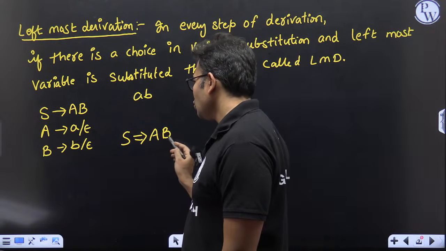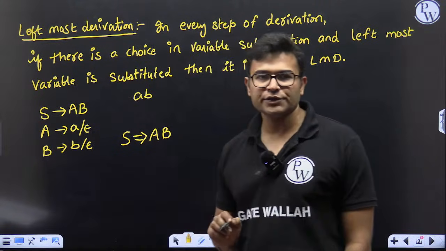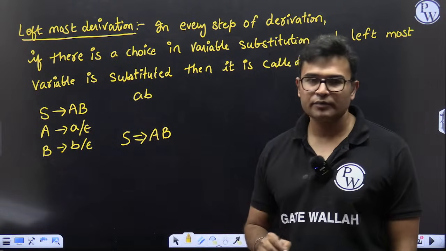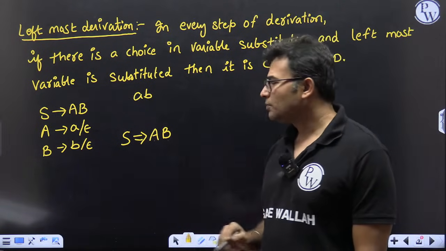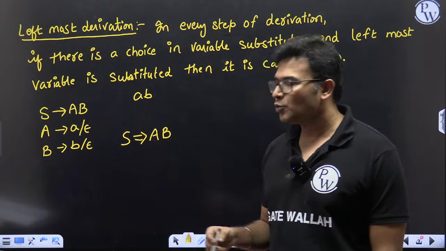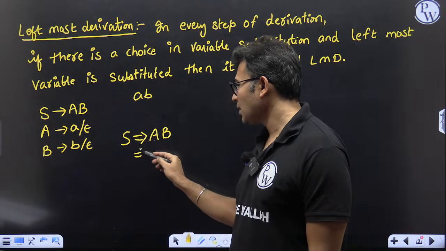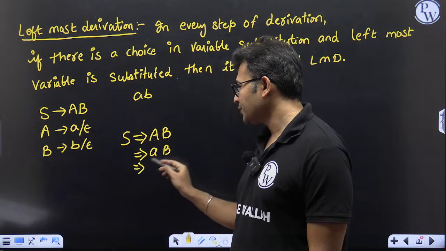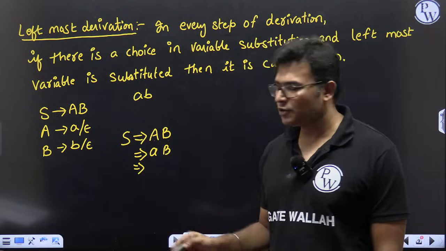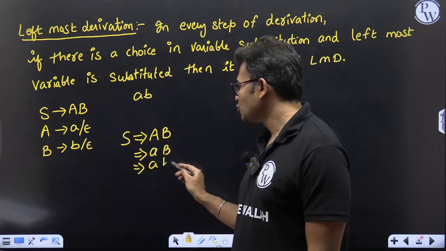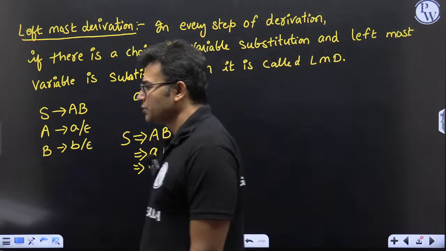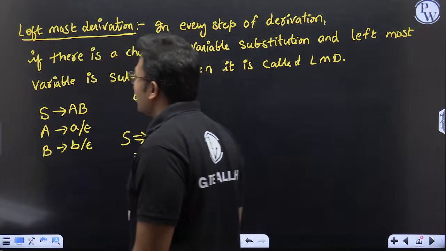Now we have two variables, so there is a choice: either you can replace A or you can replace B. If you replace A, that is called leftmost derivation. At every step, the leftmost variable is replaced first. Now there is no choice, we have only one variable, so we have to replace that. This is called leftmost derivation.